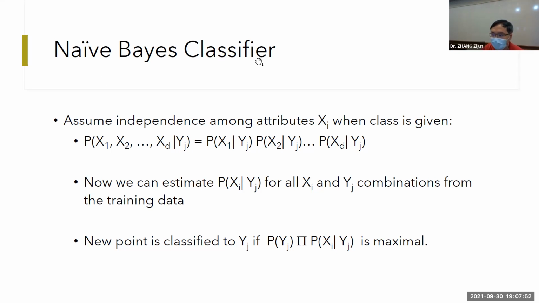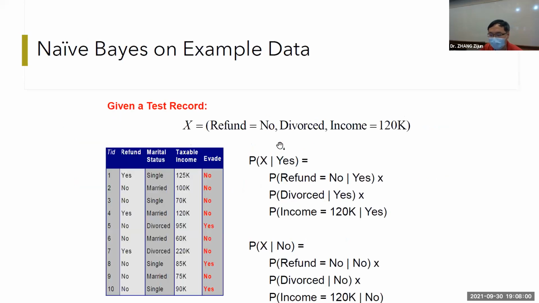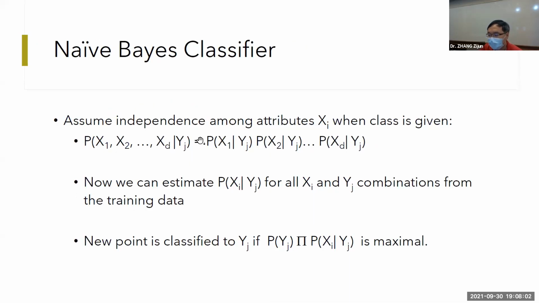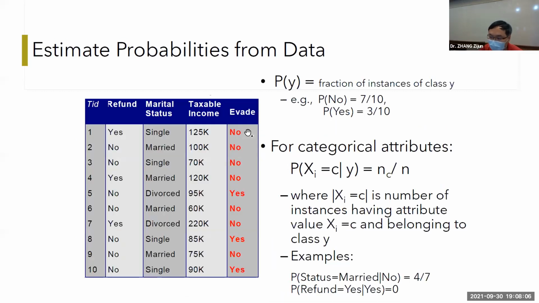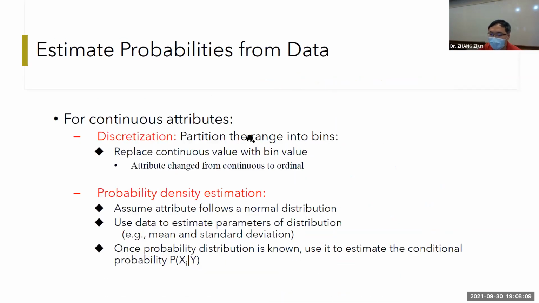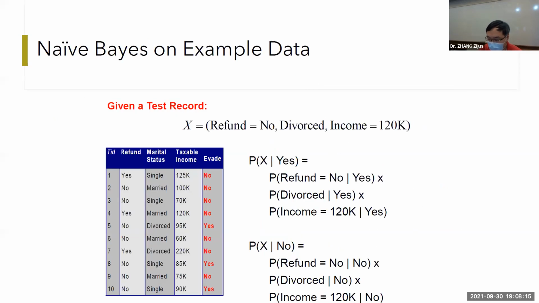We assume that the elements in this likelihood are independent, so they can be decomposed into a set of multiplications. We introduced the example for doing the calculation.